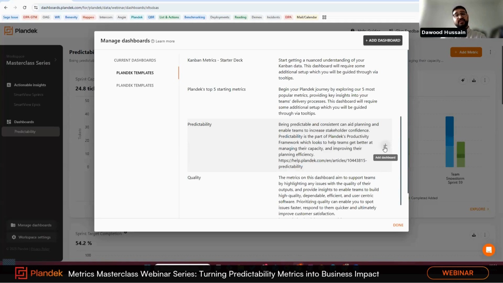We have noticed that teams that do use Smart View Sprints, particularly within their agile and sprint ceremonies, have a much higher completion rate and actually deliver things on time, and there's always more scope for them to deliver more value as well. So I would definitely recommend using Smart View Sprints within your sprint ceremonies. That is my recommendation.